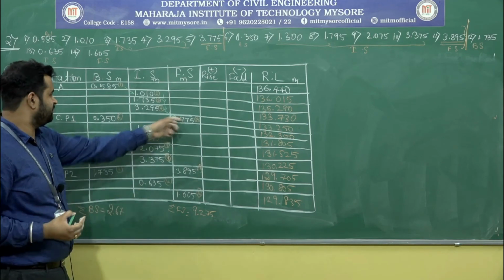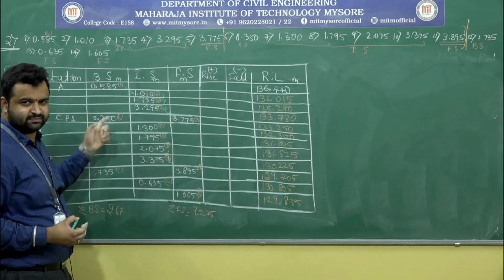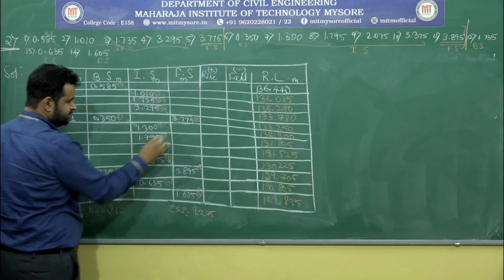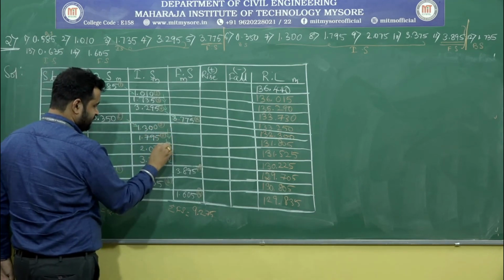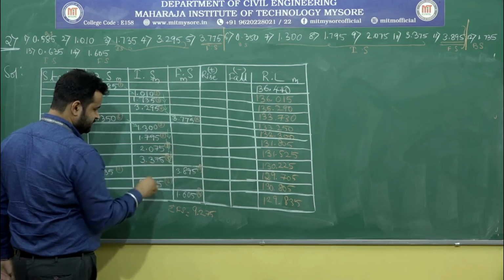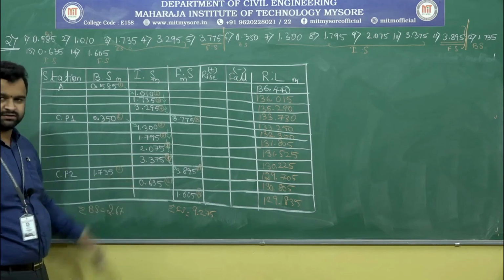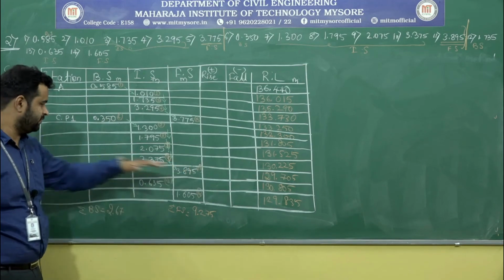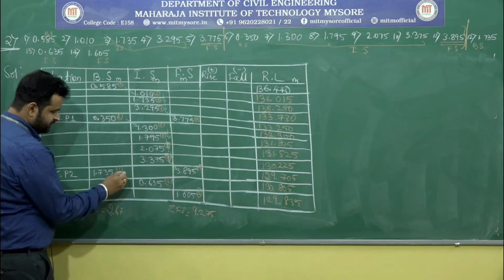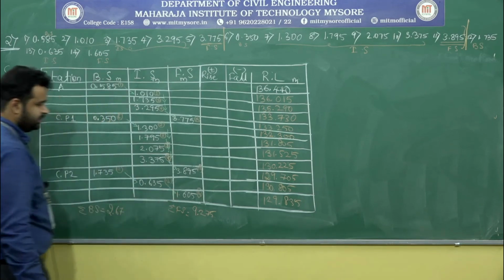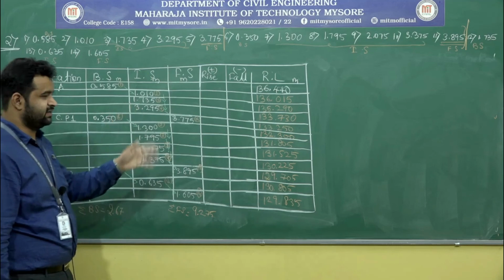Next, you should not perform 5 minus 6, instead you should perform 6 minus 7, because it is the last reading. Then 7 minus 8, 8 minus 9, 9 minus 10, 10 minus 11 is the last step from this particular station. You should not perform 11 minus 12, instead you should perform 12 minus 13 and 13 minus 14. You will get the required rise and fall.